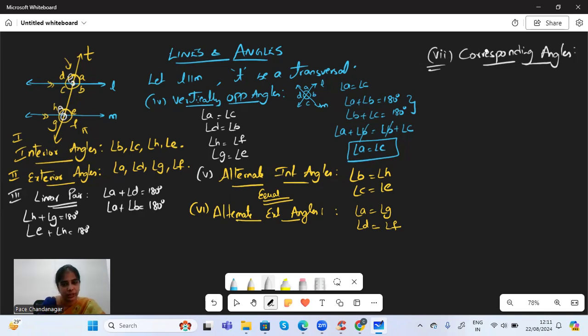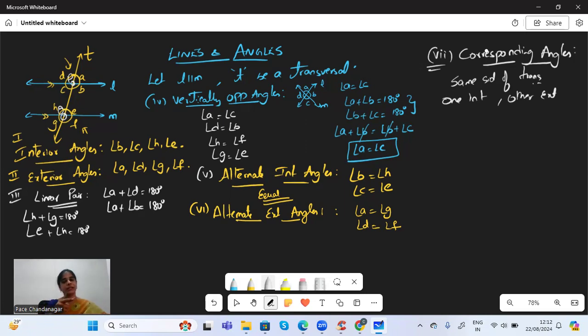Basically, what I can conclude is corresponding angles should be lying on the same side of the transversal, with one interior and the other exterior. So if I select one interior, the other of the pair I need to select from the exterior angles. A is exterior, hence from this side E will be interior. It should be on the same side, either right side or left side, you pick it up. It cannot be the alternate sides.